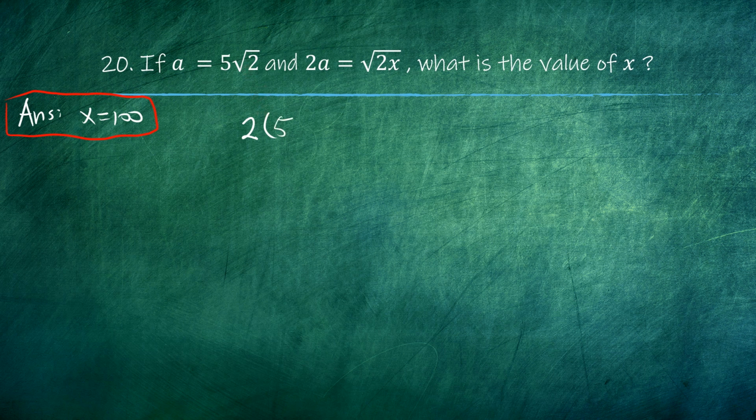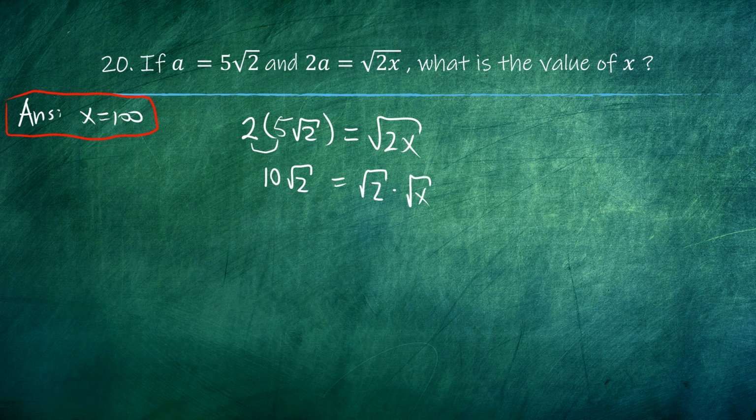So we have 5 times square root of 2, which is equal to square root of 2x. And 2 times 5 is 10 times square root of 2. And here, instead of writing this whole square root, we can break it in half into square root of 2 times square root of x.